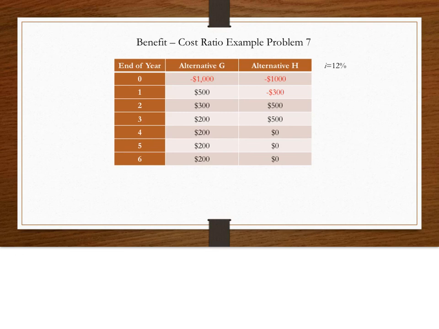Let's look at this example. We have two alternatives, alternative G and alternative H, each with a unique revenue stream. Now, using an interest rate of 12%, we'll convert these values to present worth, separate the costs from the benefits, and find the ratio.